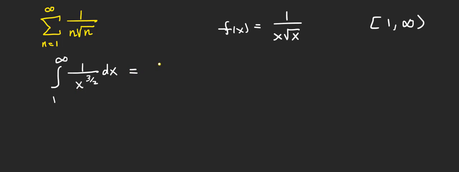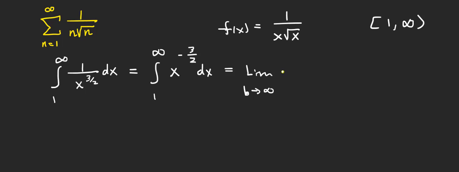This is the same thing as the integral from 1 to infinity of x to the negative 3 over 2 dx. And this is the same thing as the limit as b goes to infinity of, let's find the antiderivative, x to the negative 1/2 divided by negative 1/2, which is negative 2, from 1 to b.